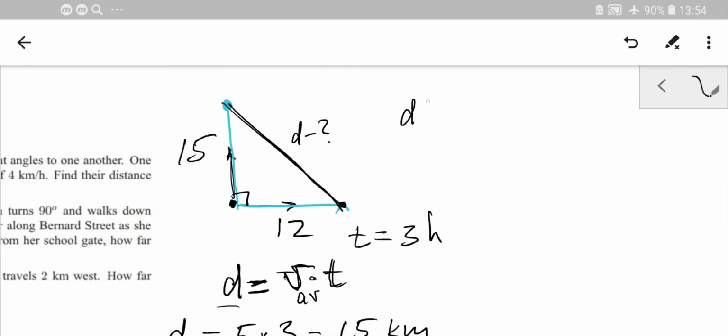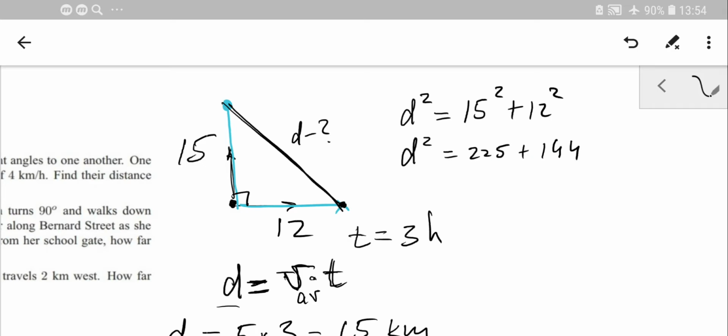Now go back to Pythagoras and we'll get 15 squared plus 12 squared. So distance squared is 225 plus 144. Let's calculate it quickly. We'll get the addition, and we need to calculate the square root also.